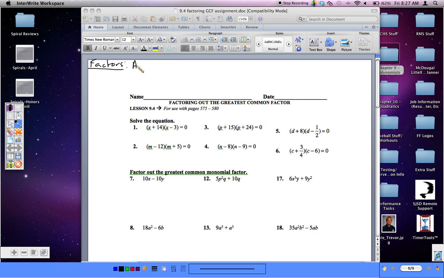It's a number or numbers that multiply to make a number happen. And really it doesn't have to be just a number, it could also be a polynomial, which is what we'll be looking at in this case.